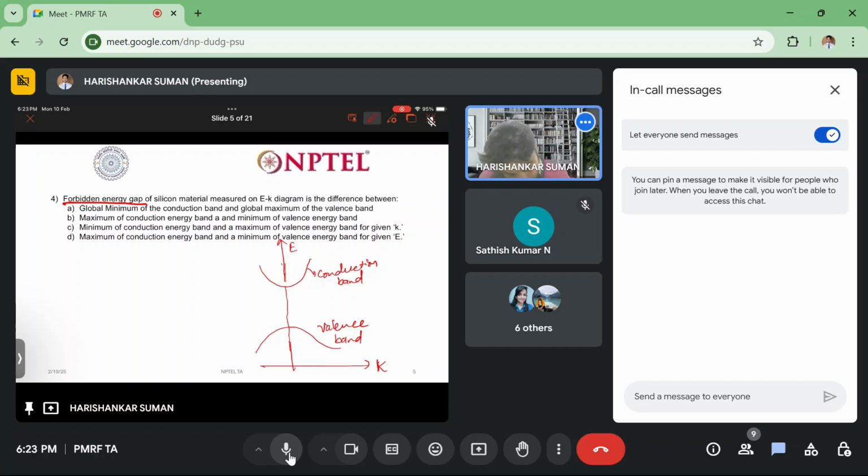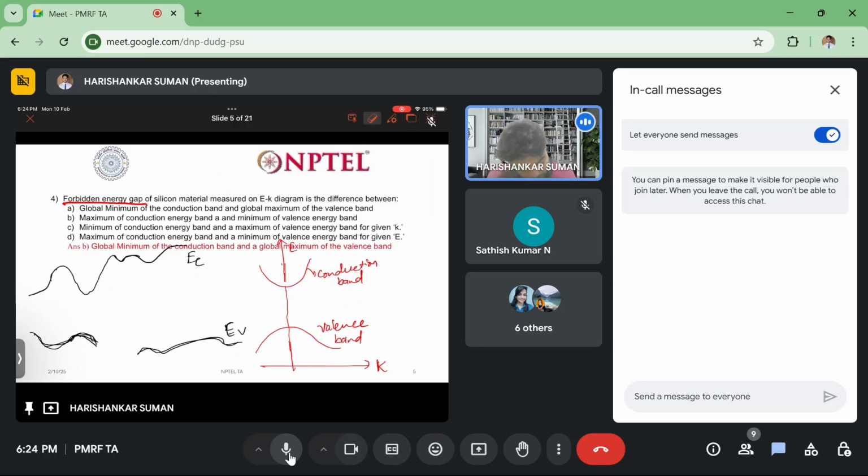Let me discuss in one minute. I have this valence band, this conduction band, a material like that. Or maybe put it in another way.